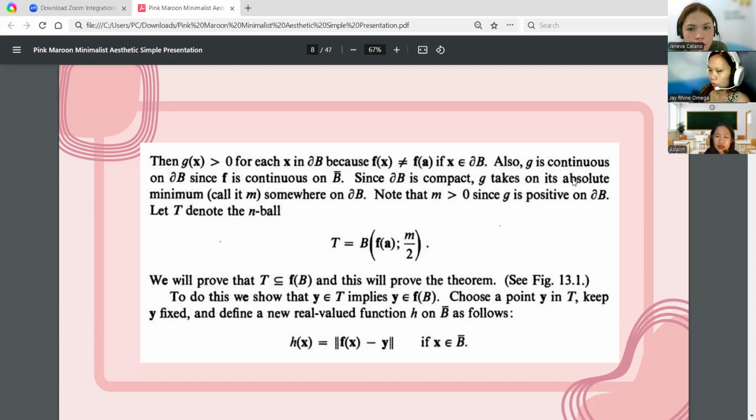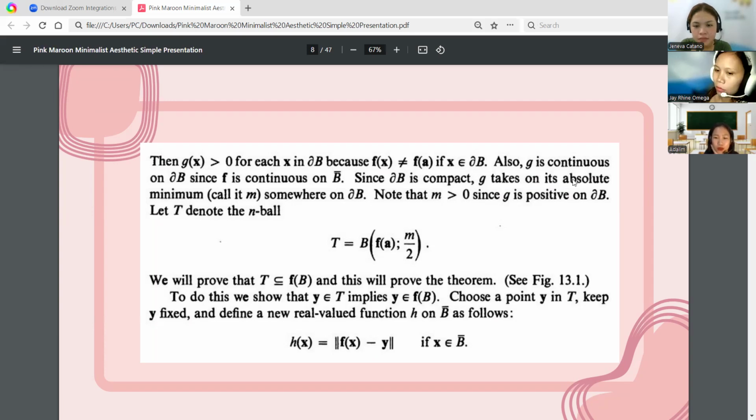we will prove that T is contained in f(B). I'm so sorry about this one because I forgot how to read these math symbols. And this will prove the theorem.